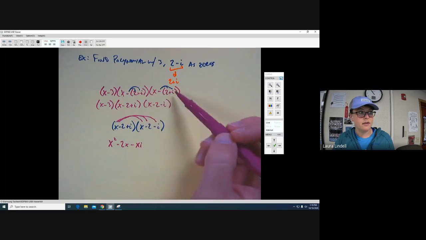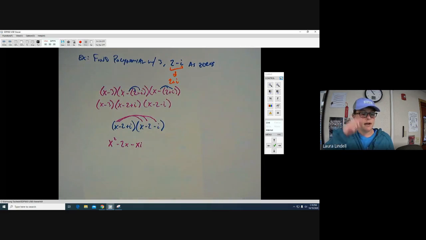Or if I set this equal to 0, then x would be equal to 2 plus i. So it's x minus those, so that those will be zeros of my function. Because that's what's going to make them zeros. Okay, if that kind of makes sense.